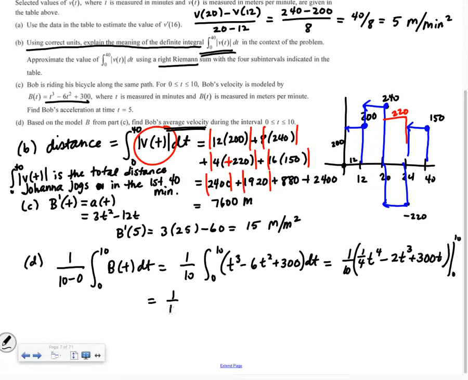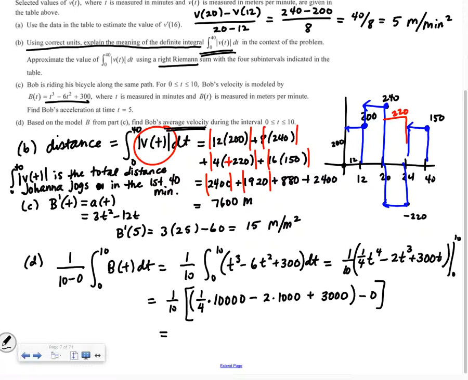So we're going to have 1 over 10 out front. And then we're going to have, let's see, 1/4, 10 to the 4 is going to be 10,000, minus 2 times 10 to the 3 is going to be 1,000 plus 3,000. That's the first part, and luckily the whole second part is 0.